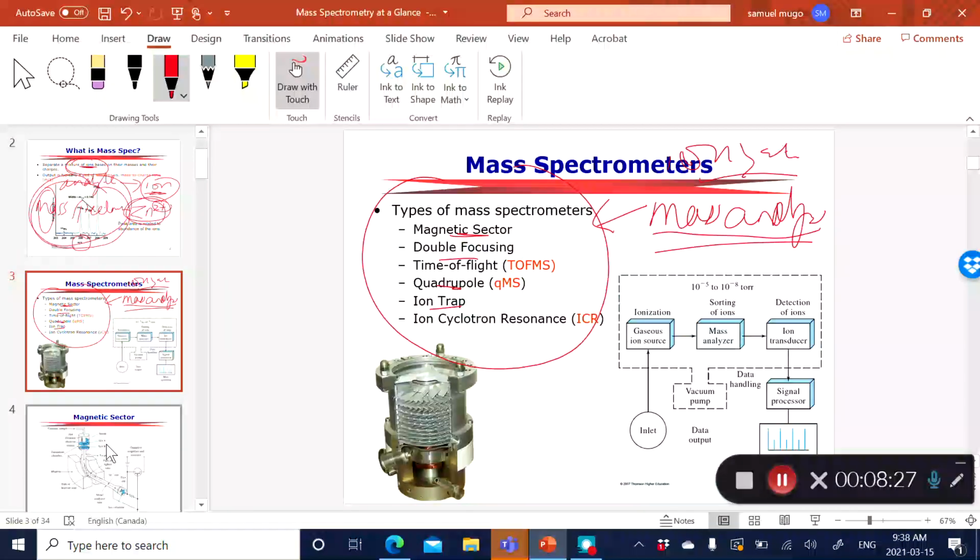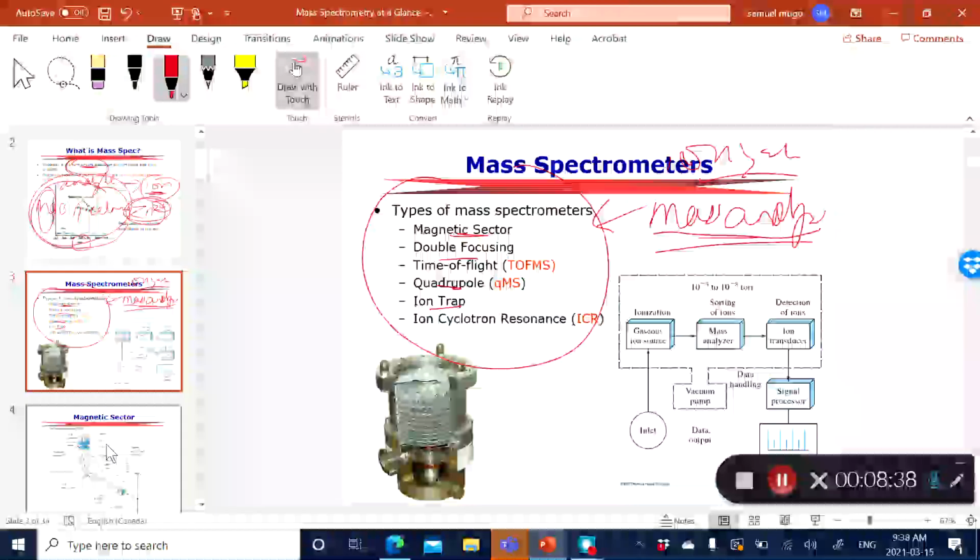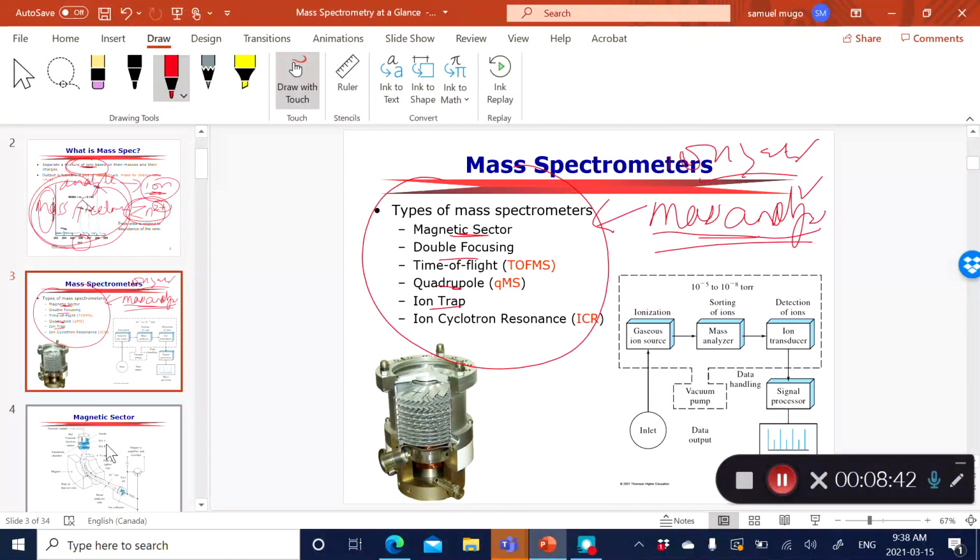So that tells you the ionization method and the mass analyzer, the two characteristics used to label mass spectrometers, which essentially means they are possibly the most important components of a mass spectrometer.